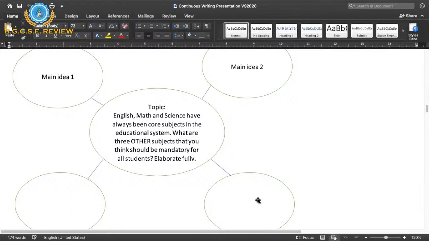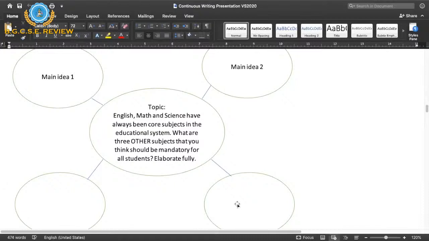Main idea number four. I have a question for you, grade 12. Why do you think in previous weeks, Mr. Taylor told you 5 body paragraphs, an introduction, 3 body paragraphs, and a conclusion? Why do you think I have a fourth circle here? Why have that there? Anybody can tell me why?